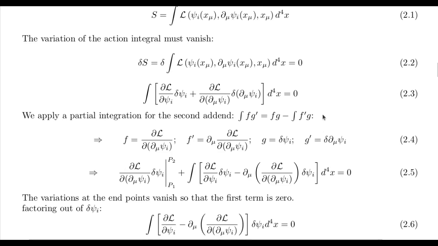Then we apply again a partial integration for the second addend here. According to this rule, that should be clear from calculus. So we identify for that rule, f is here this differential quotient with L. And then the other factor is then G prime here.